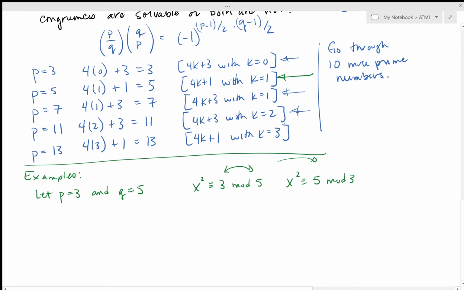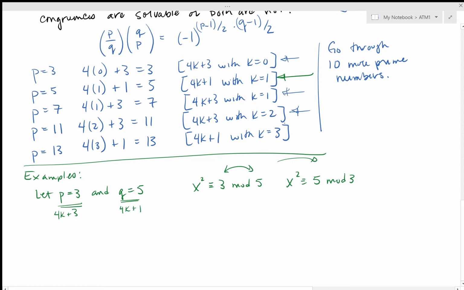Okay, now we take a look at what type of primes we have. Well, we already figured out that this one here is of type 4k plus 3, and this one here is of type 4k plus 1.